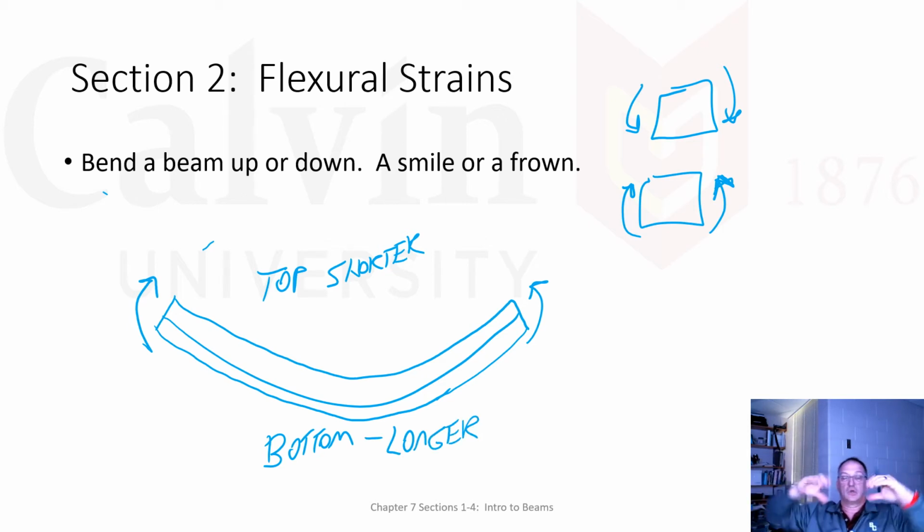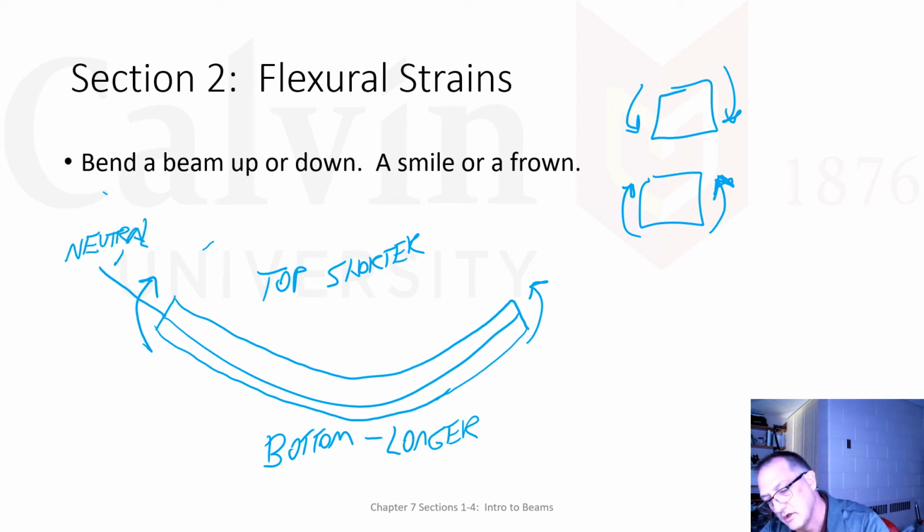And that's what happens. There's a stretch, and that stretch depends on how far I am away from the middle, the center of the beam. There's some place in the beam called the neutral axis, and that's where it stays the original length.